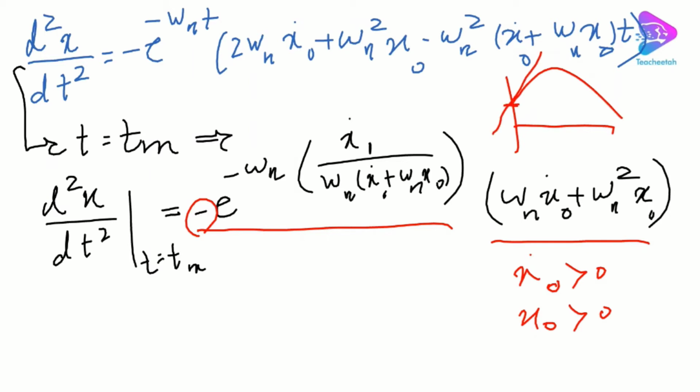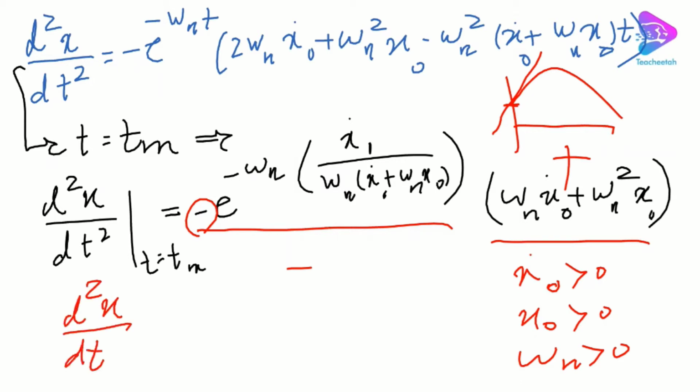Knowing that the natural frequency is always positive, the whole bracket here is positive. So we have a positive here and a negative here, which means that the second derivative d2x dt2 at t equal to tm is a negative value, right? Which means that we have a concavity downward, which ensures that at tm we get a maximum value for x. So our condition and our calculation are correct.